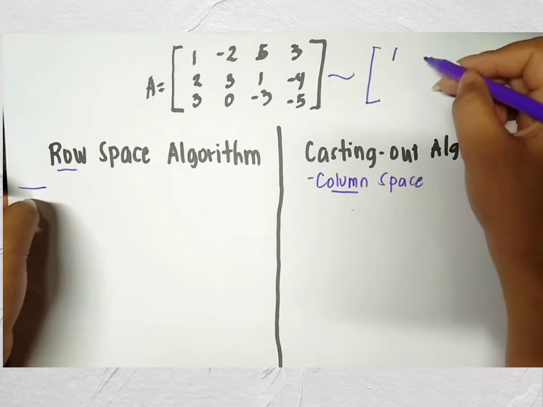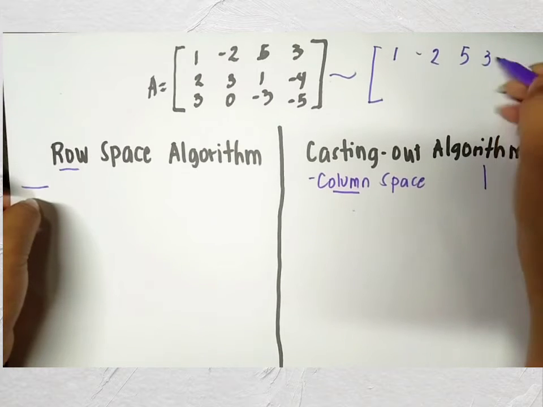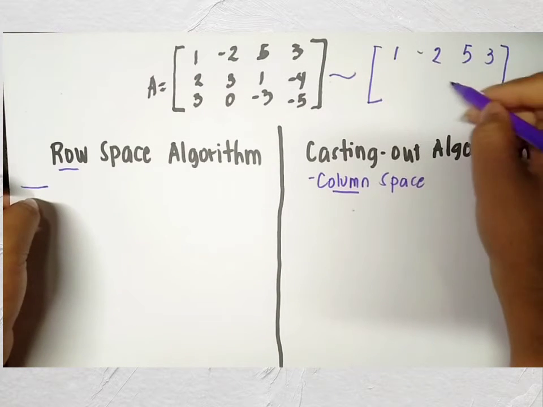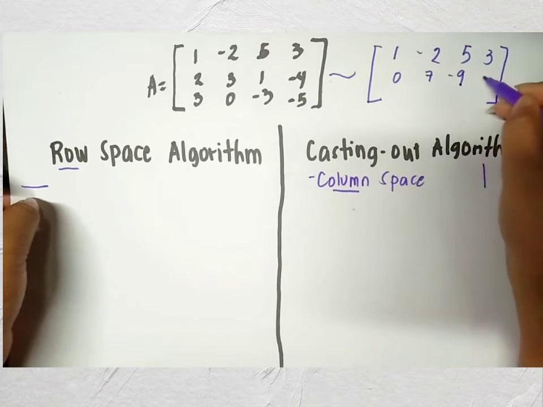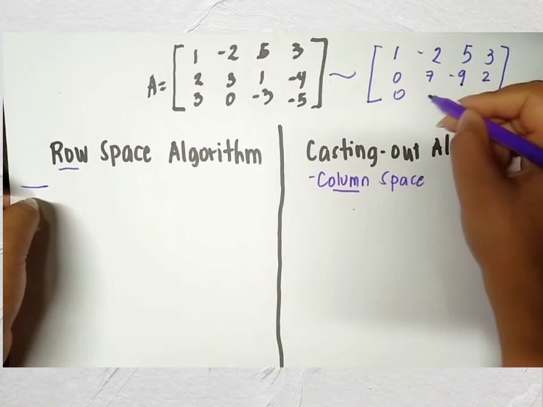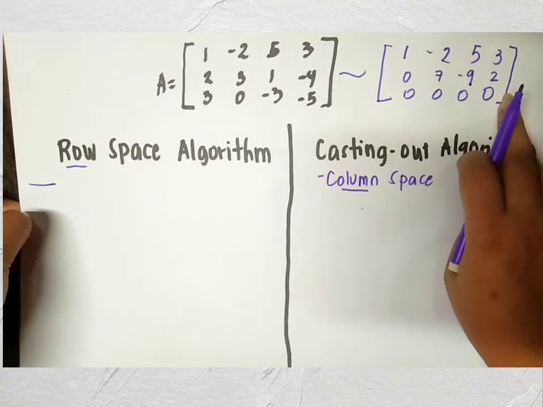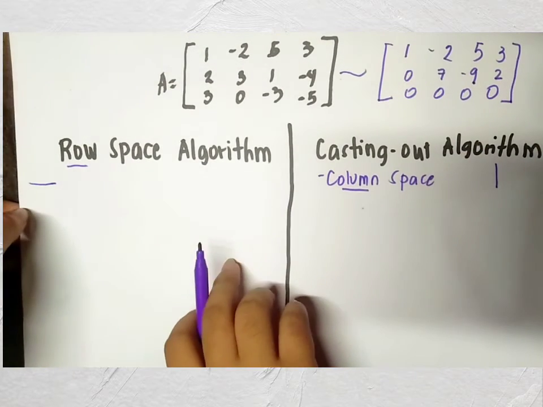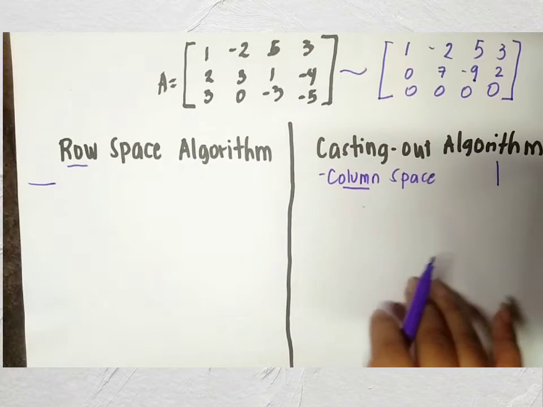I just copied what is above, which is 1, negative 2, 5, 3, 0, 7, negative 9, 2, 0, 0, 0, 0. So, I use that result for the row space and casting out algorithm.